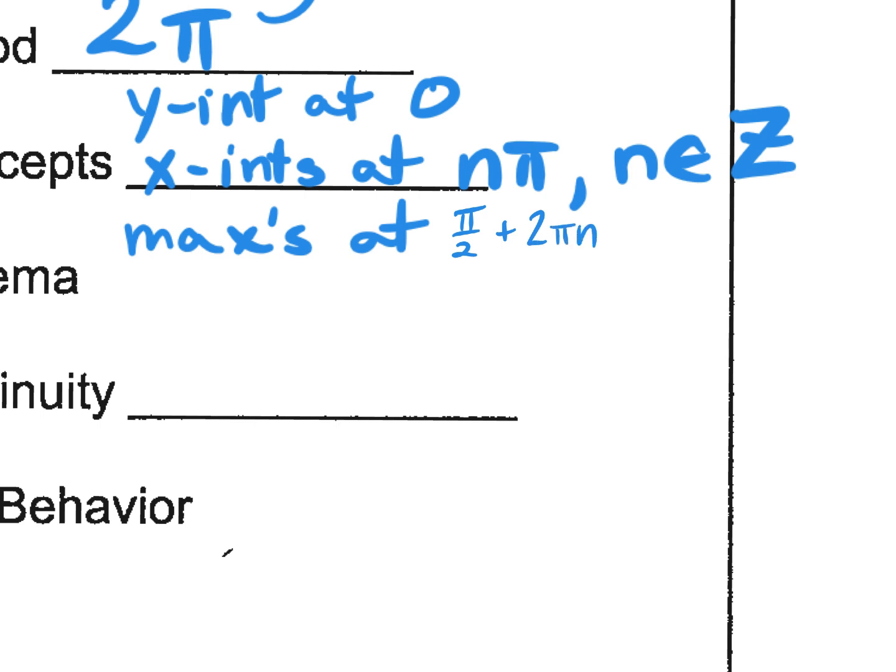We start where the first one is. Notice that pi over 2 is where the first one is. And then by saying 2 pi n, we're saying go multiples of 8 spaces to get to the next ones, forward or backwards, right? Where n is an element of what? The integers. Okay?